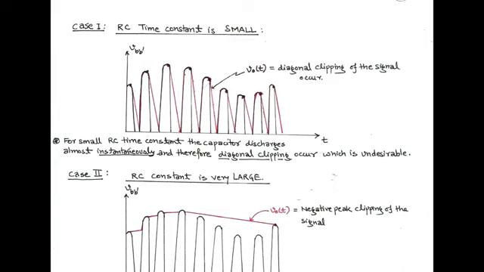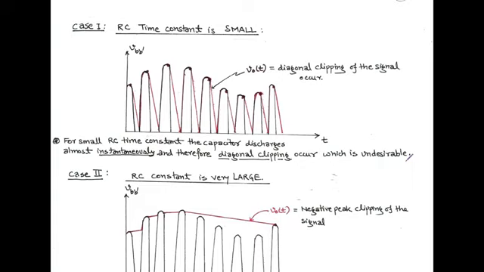Here we consider the waveform at point B dash. Here there are all positive half cycles. For the first positive half cycle, the capacitor is charged up to a peak point and discharges until the next positive half cycle. As in this case the time constant is small, the capacitor discharges almost instantaneously, and therefore diagonal clipping is created, which is undesirable for our demodulation process.